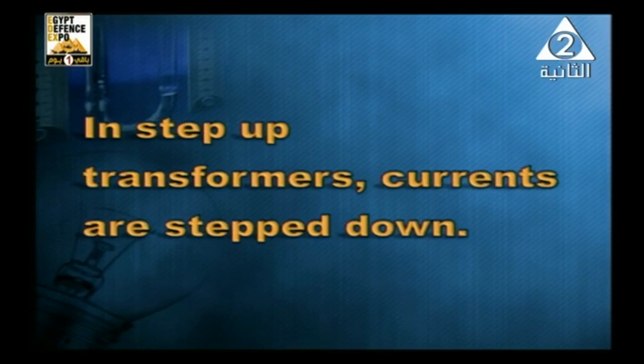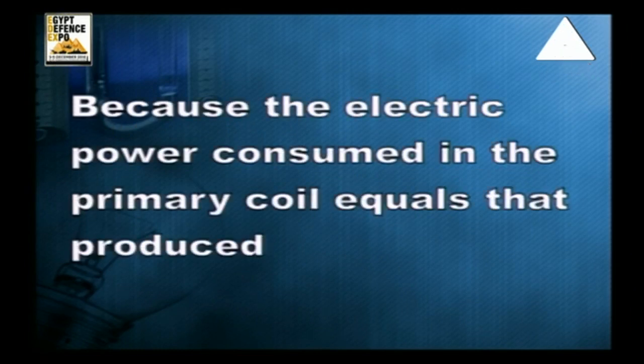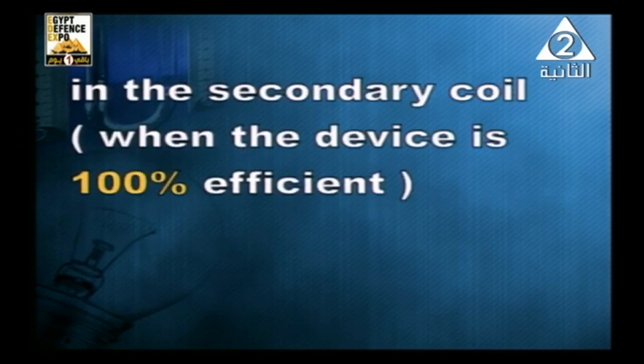Another give reason: in step-up transformers, currents are stepped down, because the electric power consumed in the primary coil equals that produced in the secondary coil when the device is 100% efficient.